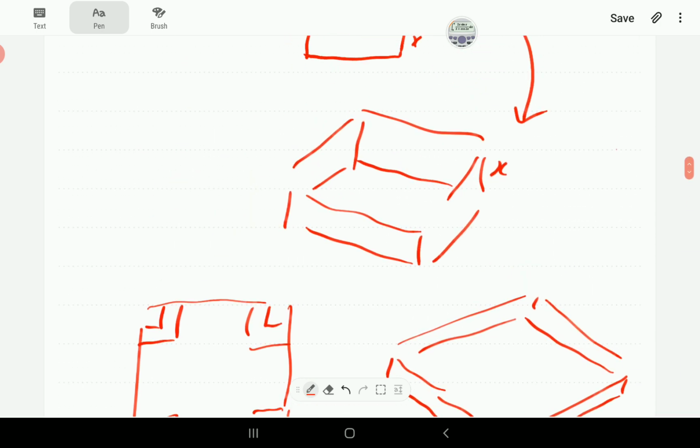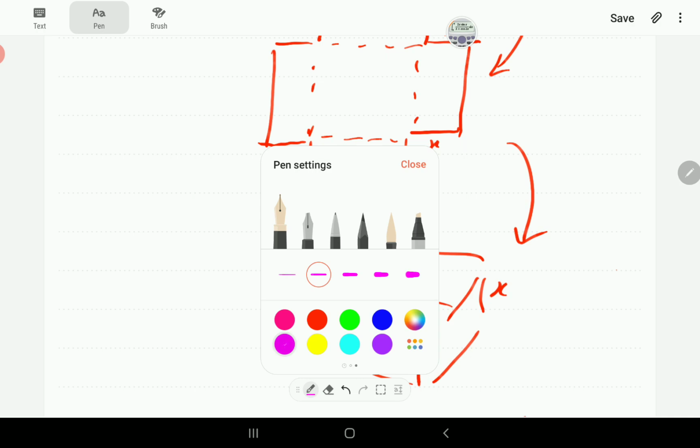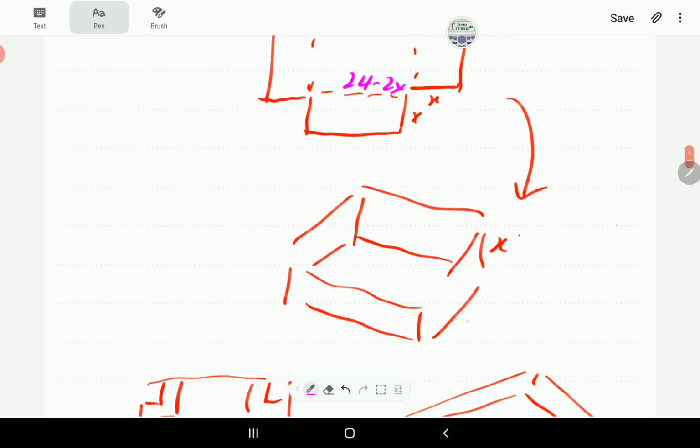So if we go back to this one here, the height of the box we've already said is going to be x. The base is going to be a square of size 24 minus 2x, because we cut out x from each end of the box. So it's going to be 24 minus 2x here, 24 minus 2x.